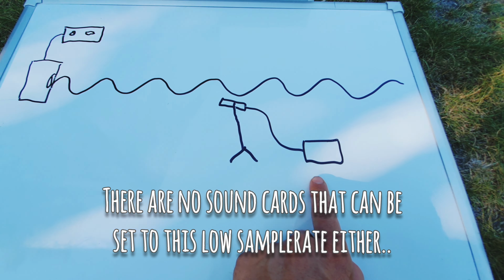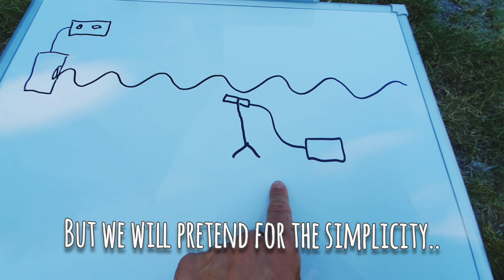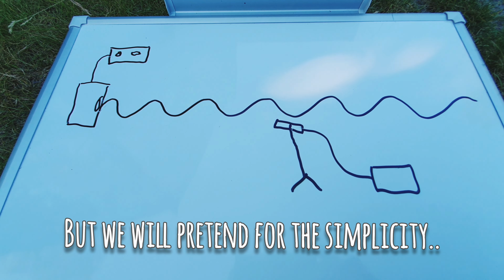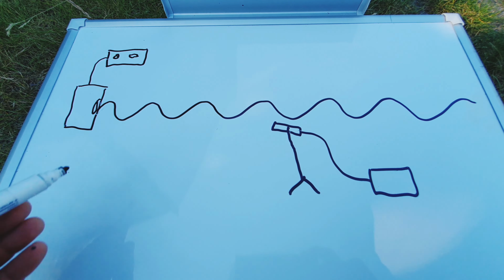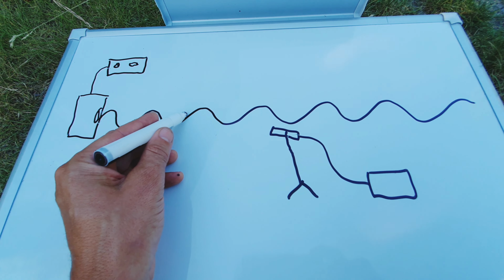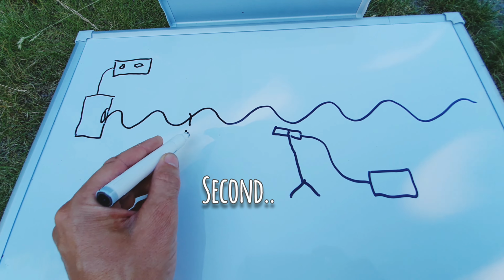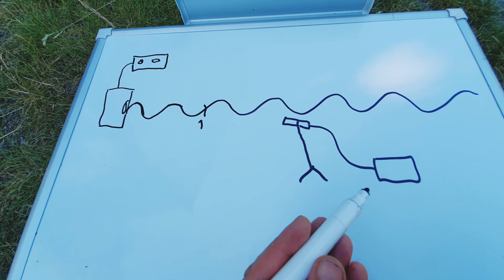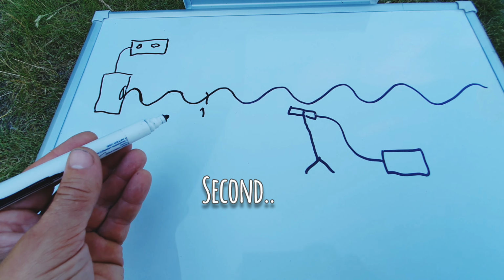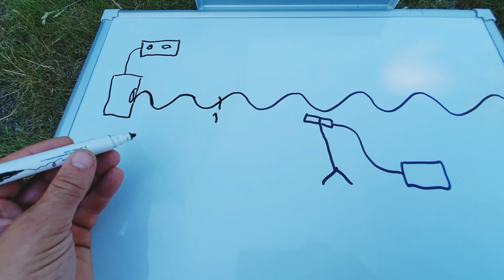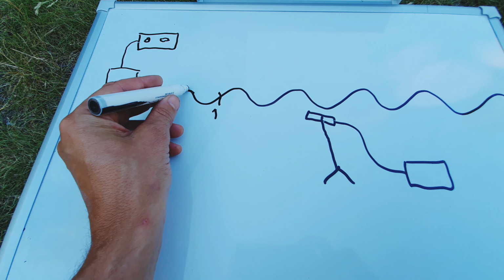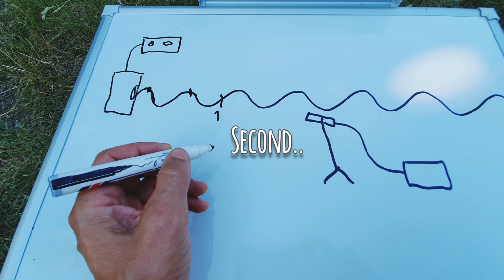A 2 Hz sample frequency means 2 values are registered in 1 second, and a 2 Hz sound frequency has 2 cycles in 1 second. The sample frequency at 2 Hz could only take 2 values in 1 second. So if we say that it is recording one value here and the other here, and then it's been 1 second.